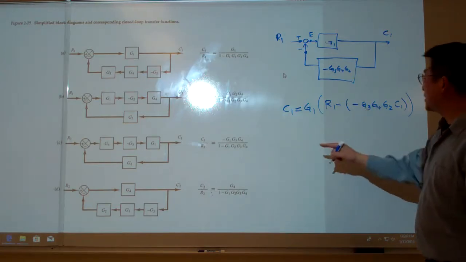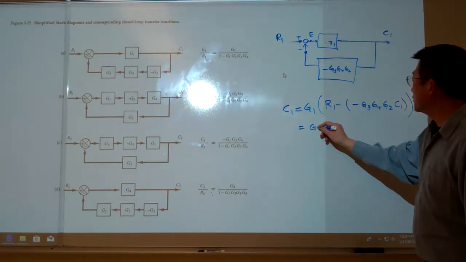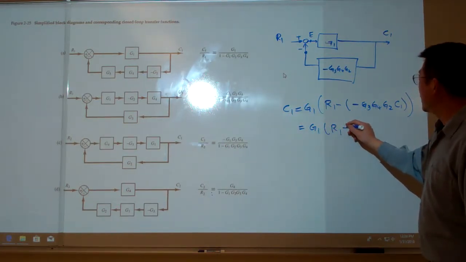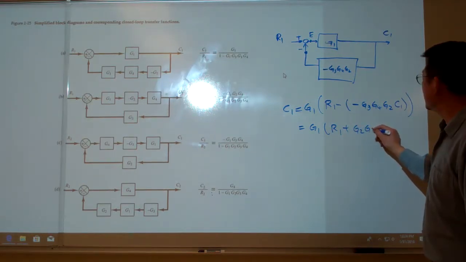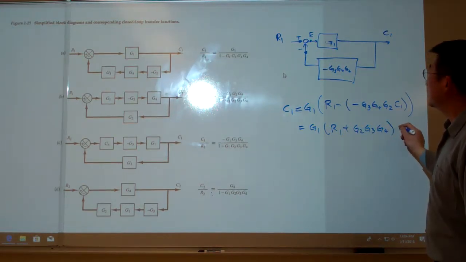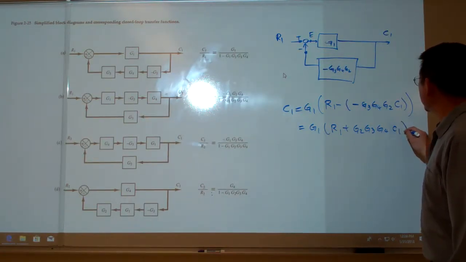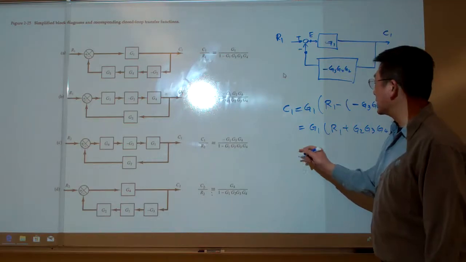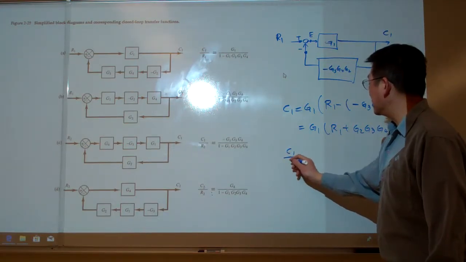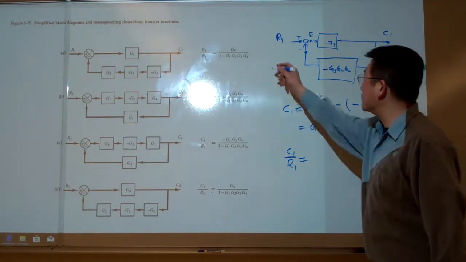So here minus minus should be plus. So that's G1 R1 plus G2, G3, G4, C1. Oh, I think that is right. Okay, so in this way, you can work out C1 over R1 to be equal to this.